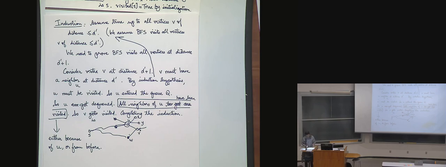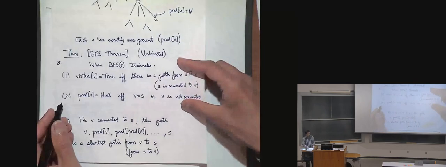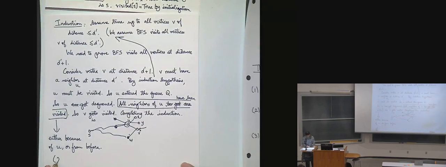Okay, so this is statement 1. I'm not going to prove statement 2. I'm going to tell you statement 2 is easy. You don't need induction. Just use the first statement, think about it a bit, and you'll do it, I'm pretty sure.